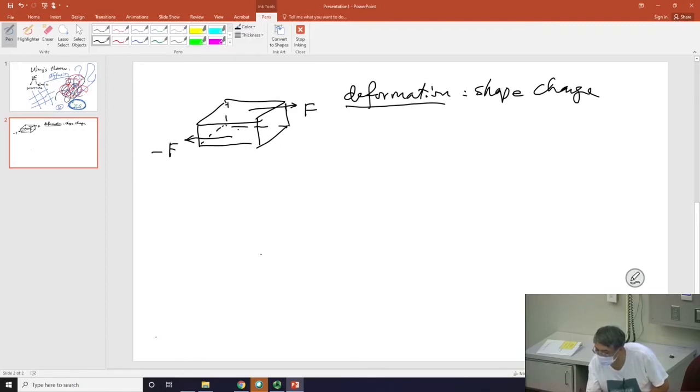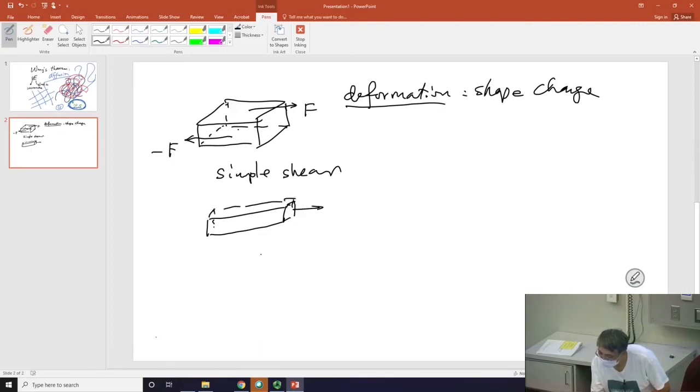So for example, the way I did it, I put a force on the top surface and the bottom surface, and this is known as simple shear. And I could think about a piece where I just do extension, right? That's the tool.